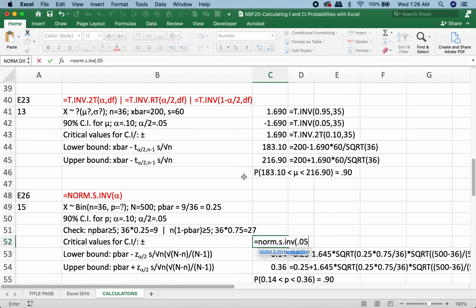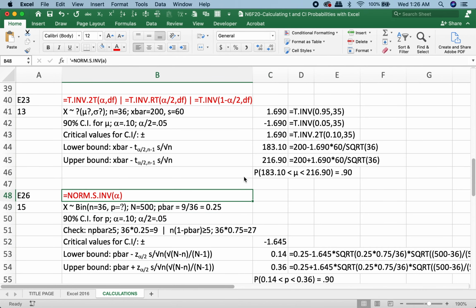So you have to put in alpha over 2, and that will give you the 1.645. Okay, so I'm just going to go up here and edit this and say this is actually divided by 2.